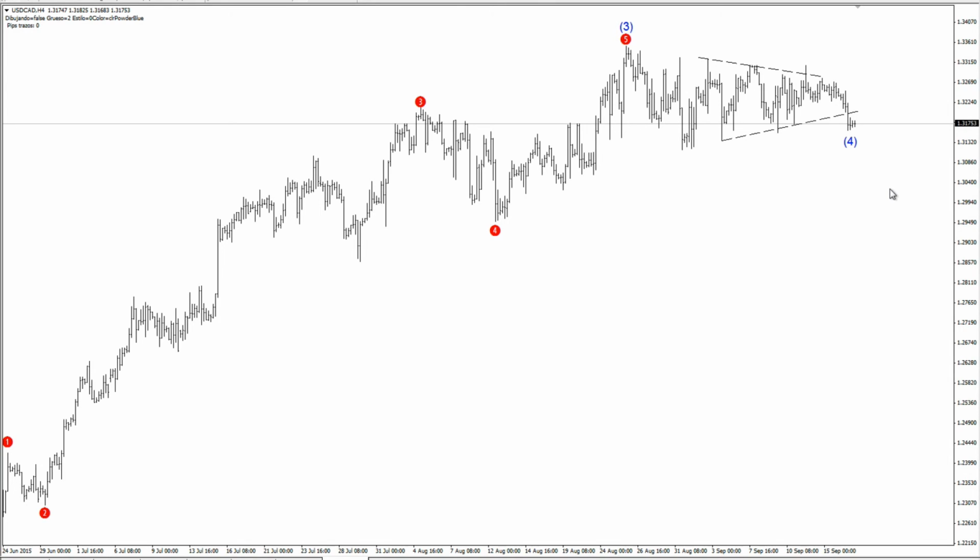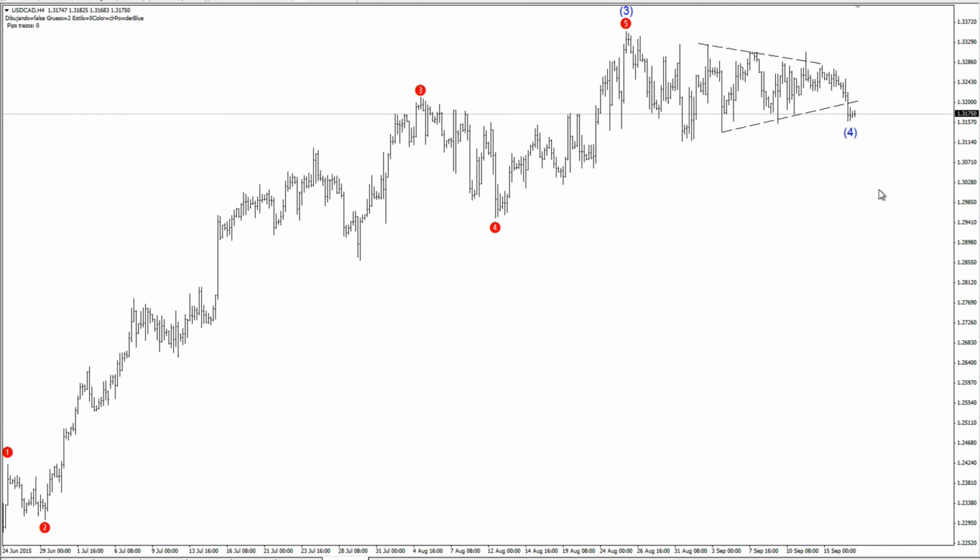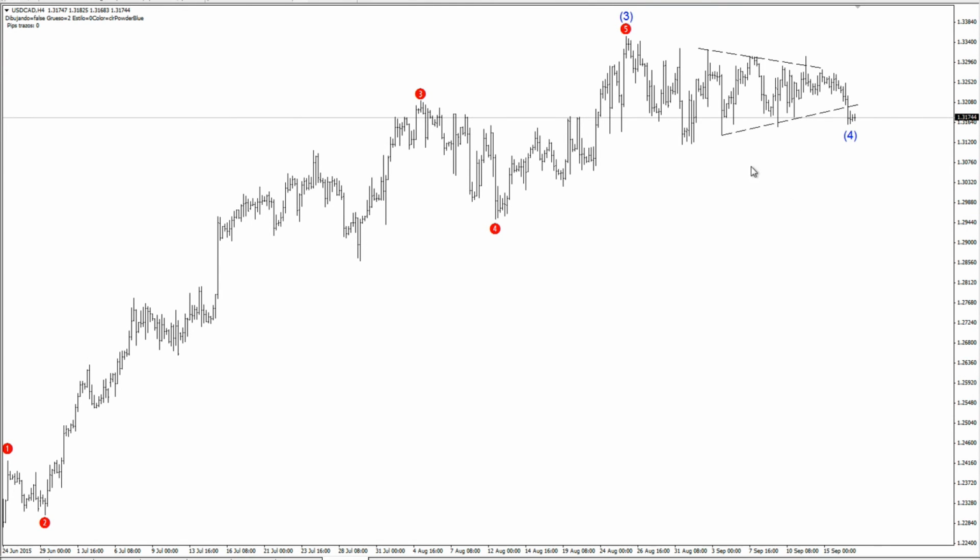I have been talking previously about how I would like to see a decline to finish this fourth wave correction, but earlier this week I revised the count slightly to make this whole triangle a minute wave 4 correction.